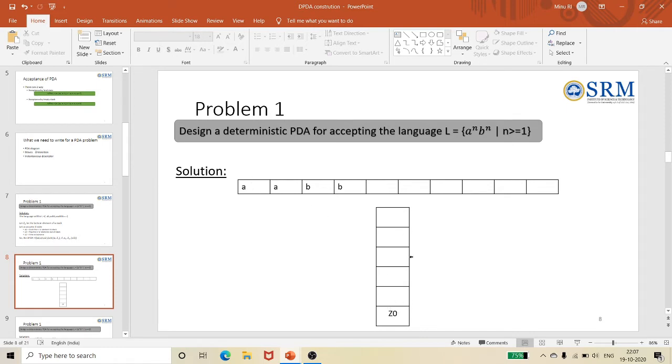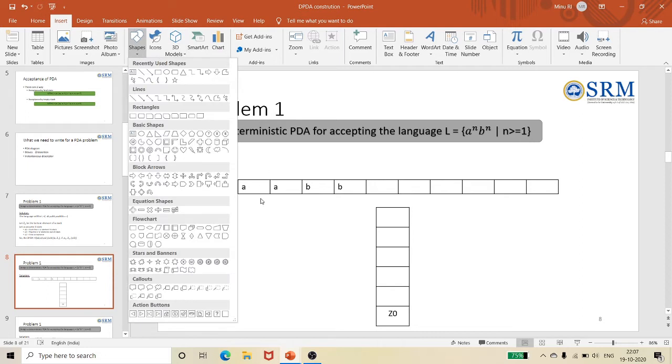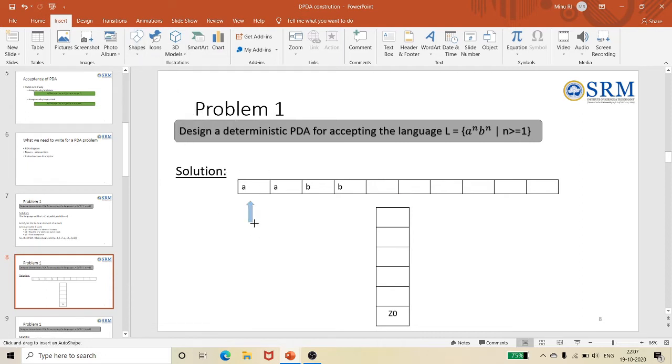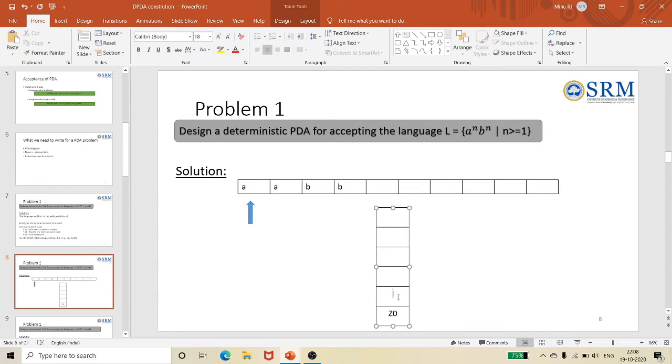With respect to the stack, I have push and pop operations. A simple way to think is like a pointer: whenever I am reading an A, I push that A into the stack. For this A, let me push it in the stack.